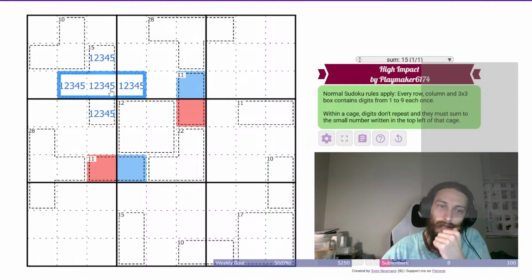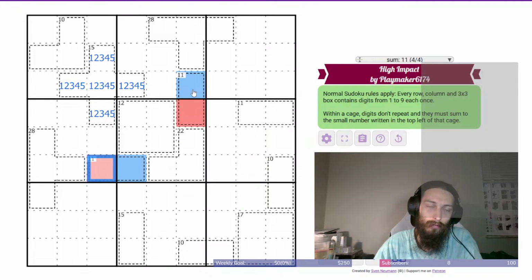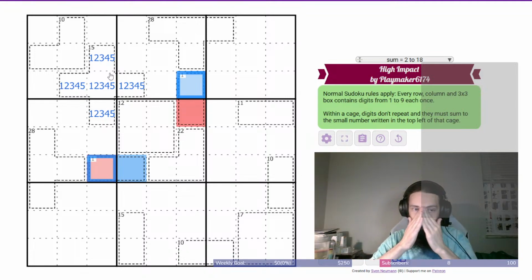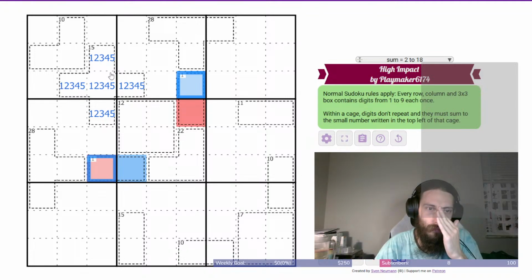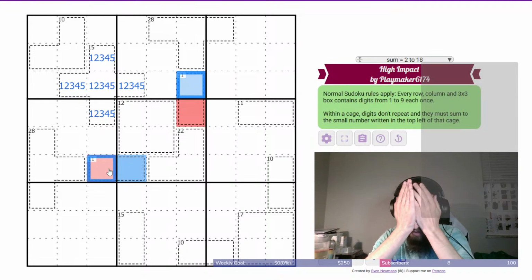Now, red and blue can't be in this 15. So, no. Yeah, that was wrong. It can. Okay, the smaller between.